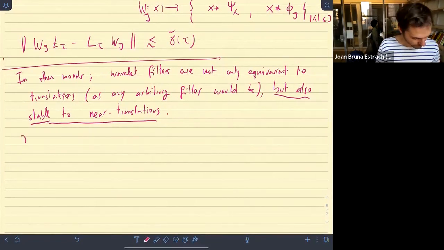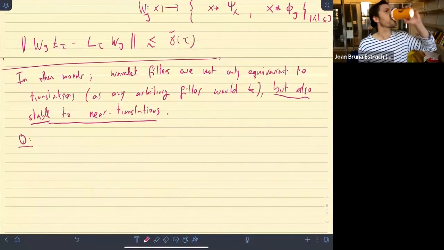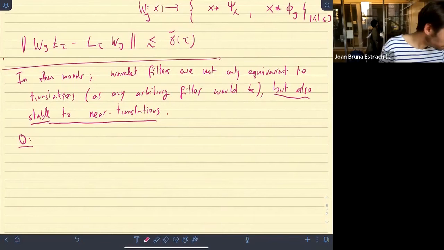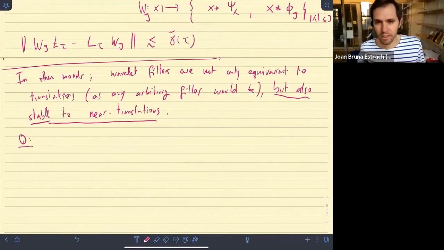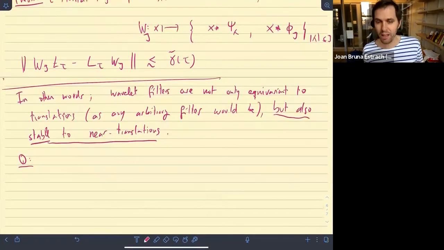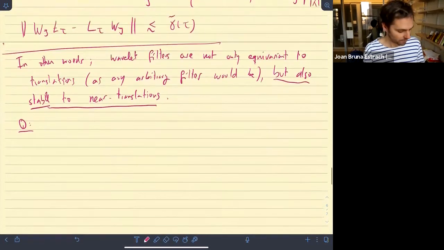Let me ask you a question. Do you think that this result is optimal, in the sense that there could be another convolutional operator that does even better, with no error at all? So, can you find a family of convolutions that exactly commute with deformations?